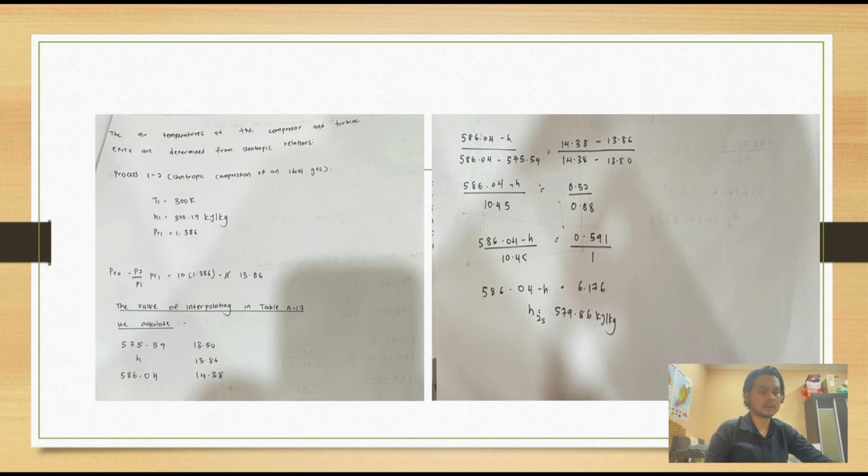Then, as stated, the turbine inlet is 1000 K, and the compressor and the turbine have isentropic efficiencies of 95% and 85%.